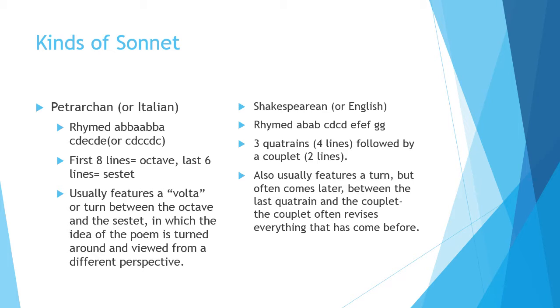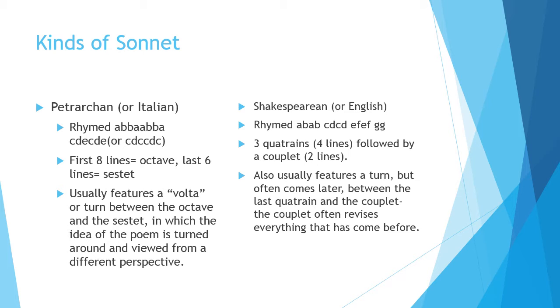And the other significant feature is that a sonnet typically features what's called a volta, or a turn, between the octave and the sestet, in which basically the idea of the poem is turned around and viewed from a different perspective. The octave presents one point of view on the situation, and then the sestet turns it around somehow and presents a different view, perhaps answering the original view.